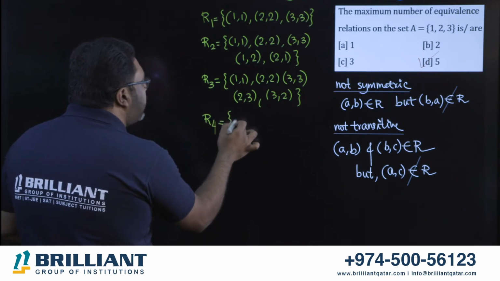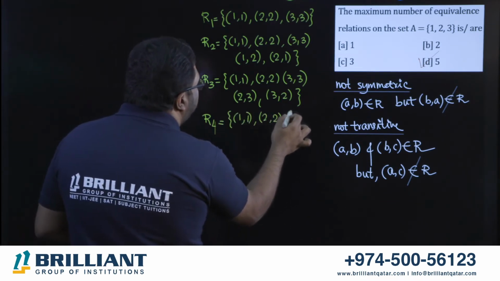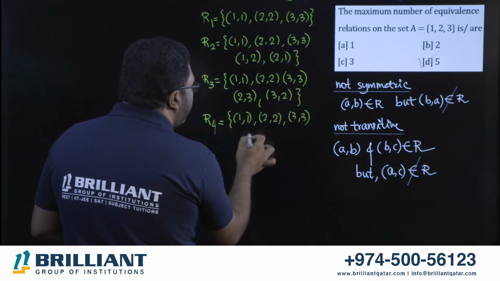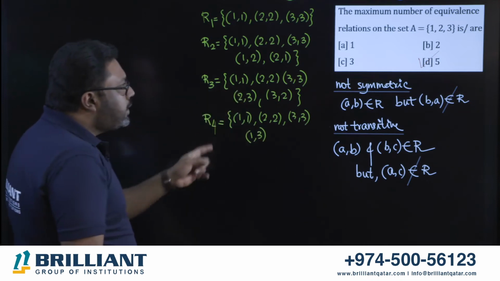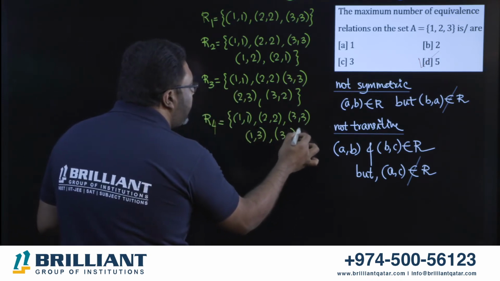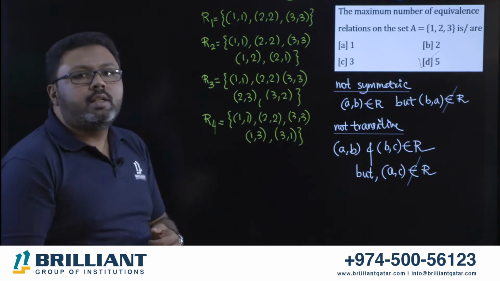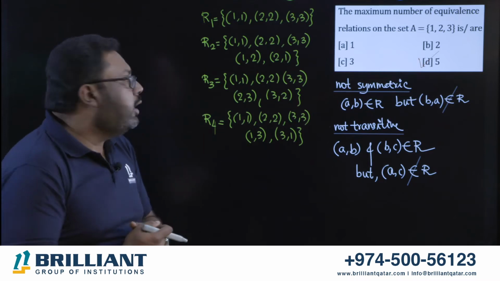One more is there. Yes, R4, 1, 1, 2, 2, 3, 3, 1, 3. Yes, the pair between 1 and 3. Then to make it symmetric, I will say 3 and 1. So R4 is also an equivalence relation.